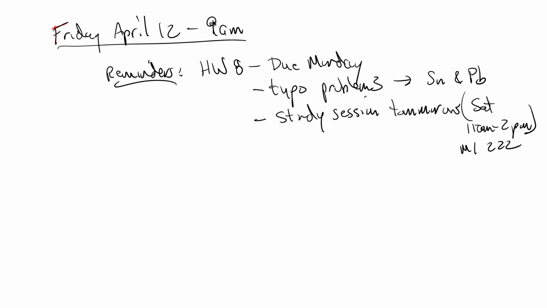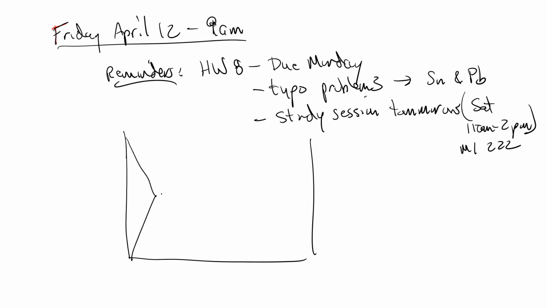Great. Now let's just remind you what we've been talking about in Chapter 9. Remember, we could take a look at the lead tin phase diagram, for instance. There were two aspects that we focused on with these phase diagrams. So here's alpha and beta.